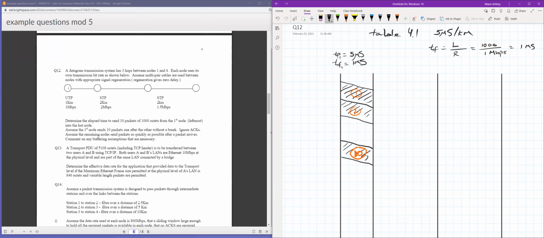Okay, so you should understand that these are frames being sent here.